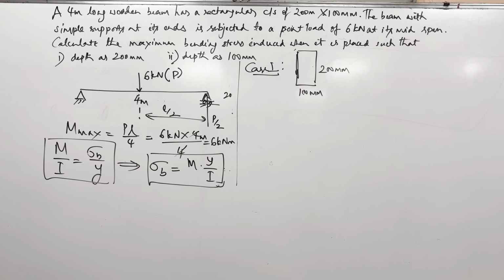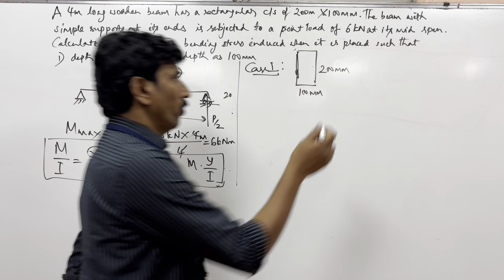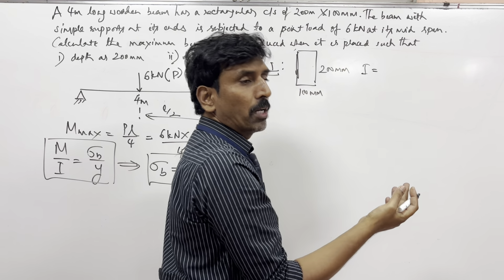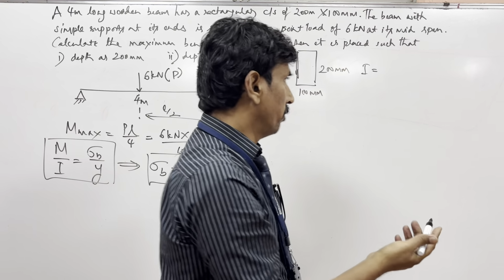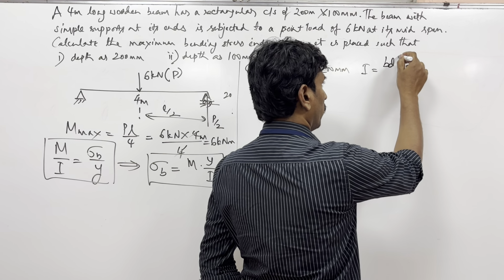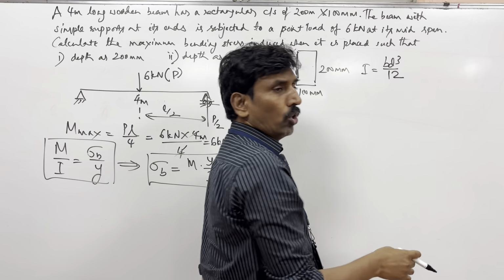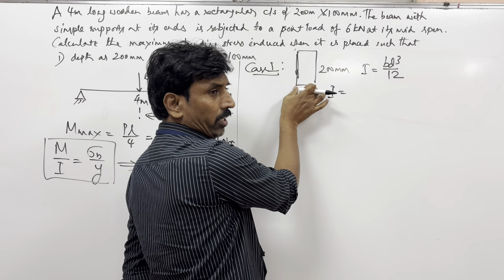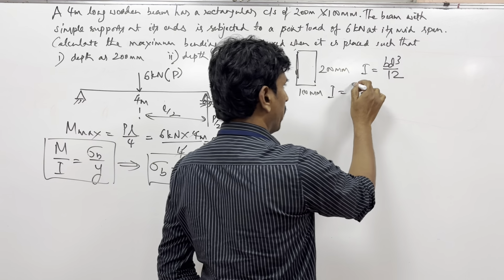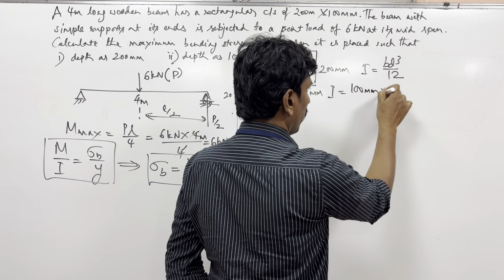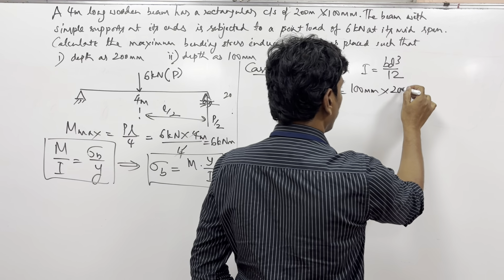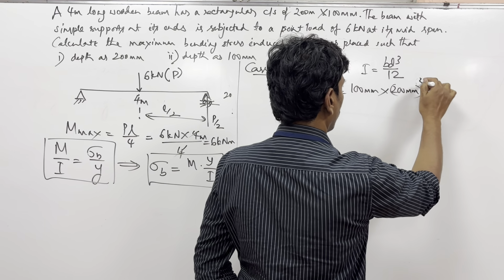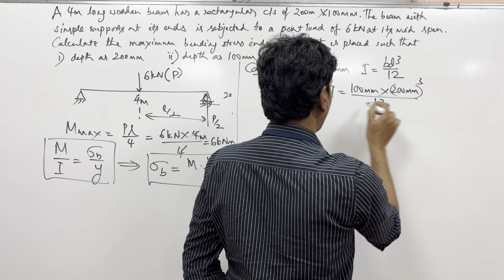So you can find out. When you have it like this, what is the formula for I? BD cube by 12. So what is B here? Breadth is this one, 100 mm, and depth is 200 mm, cubed, divided by 12.